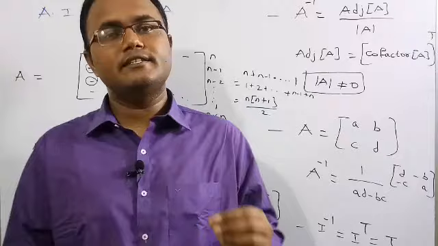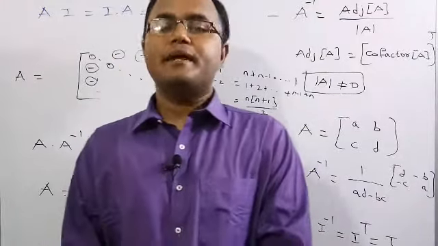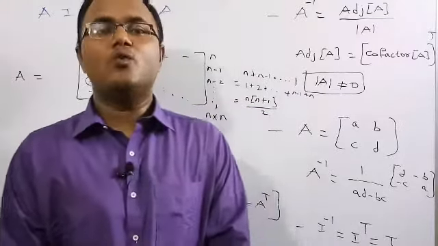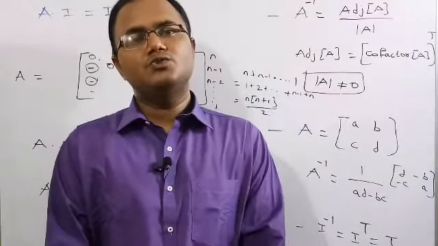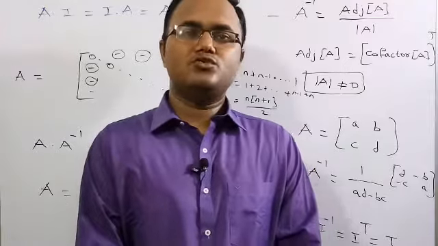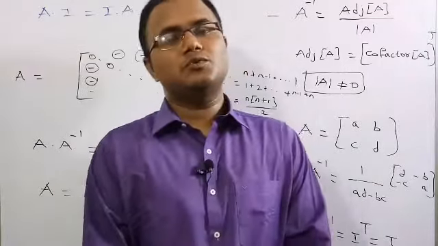Rank tells you the number of linearly independent vectors, whether row vectors or column vectors. So by doing the transpose, nothing will change. Therefore the rank of the matrix is equal to the rank of its transpose.